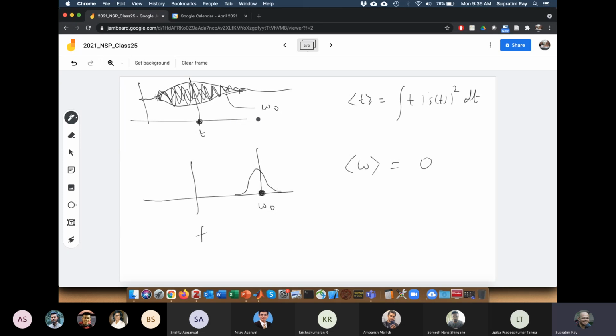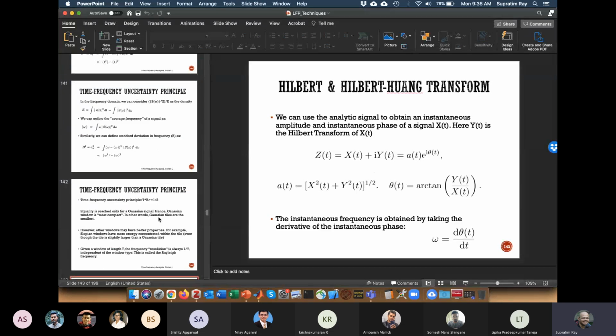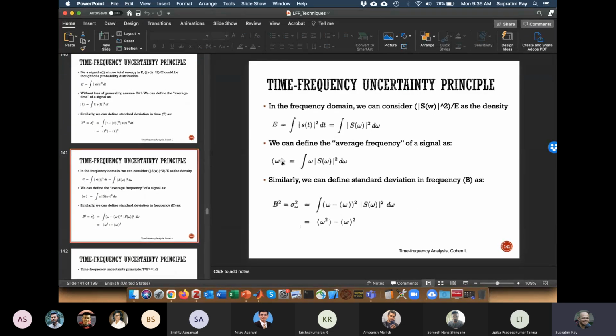Just to make sure that everybody understands the question, I'm talking about a signal here, which is a Gaussian multiplied by a sinusoid. It's a real signal. And I'm just going to use my previous formula that I had derived to estimate the average frequency.